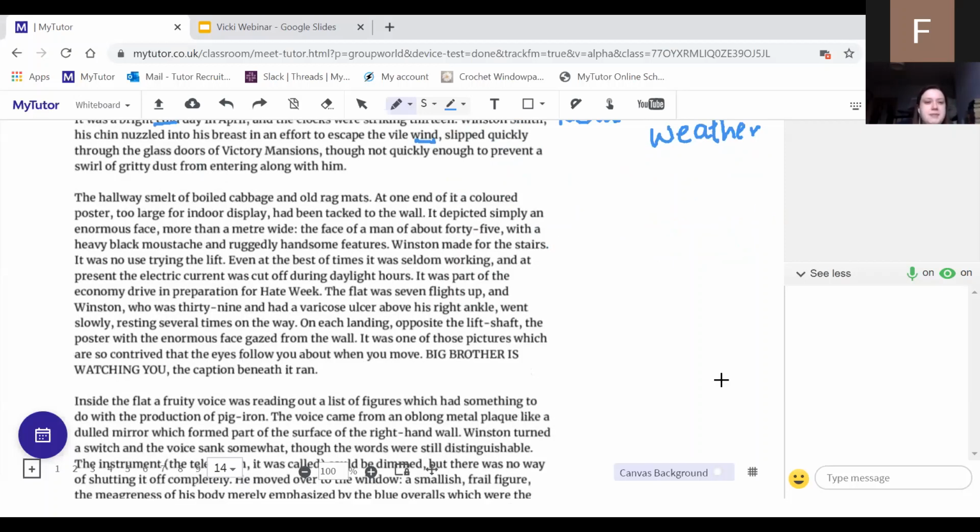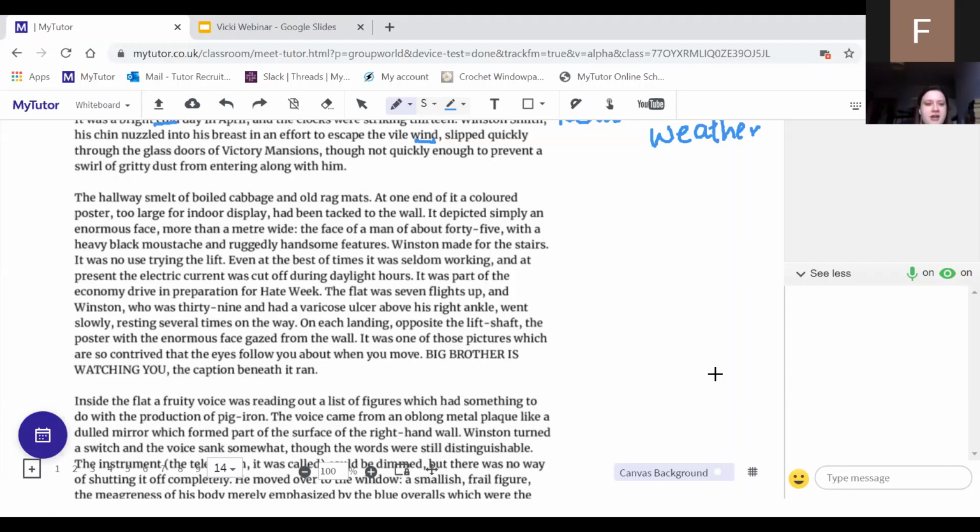So the hallway smelt of boiled cabbage and old rag mats. At one end of it, a colour poster too large for indoor display had been tacked to the wall. It depicted simply an enormous face, more than a metre wide, the face of a man of about 45 with a heavy black moustache and ruggedly handsome features. Winston made for the stairs. It was no use trying the lift, even at the best of times it was seldom working, and at present the electric current was cut off during daylight hours.